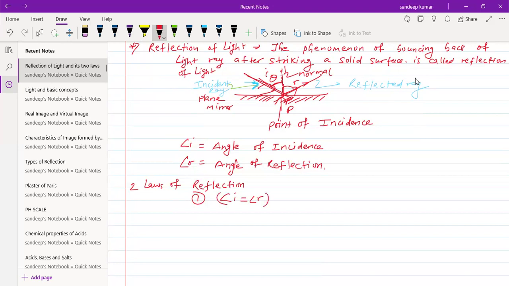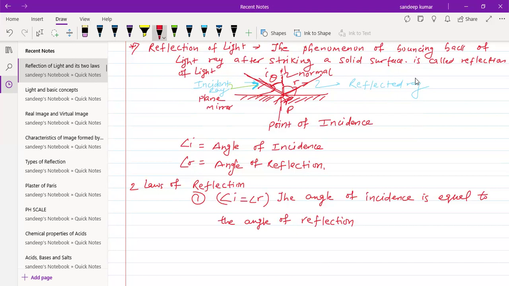Very simple. The angle of incidence is equal to the angle of reflection. This is the first law.